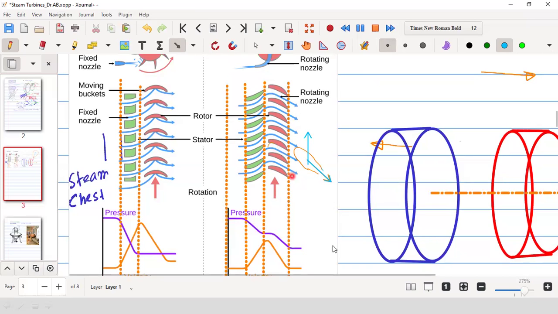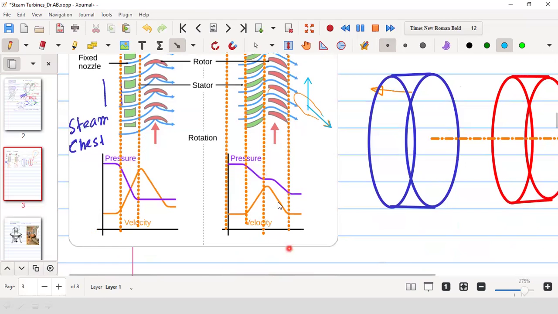So there will be a reduction in pressure, but you see the difference in velocity. What is happening to the velocity? The velocity of the fluid is not increasing due to that pressure change. Why? Here in the nozzle, due to the pressure reduction, there is a velocity increase.